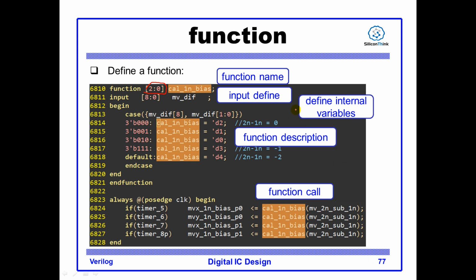By the way, you can define some internal variables here, before the begin. So they are variable types. You can just use the keyword reg, integer, or something like that, to define the internal variable.